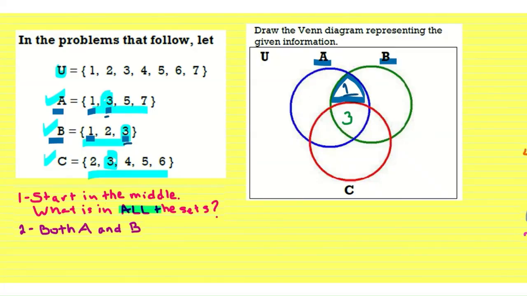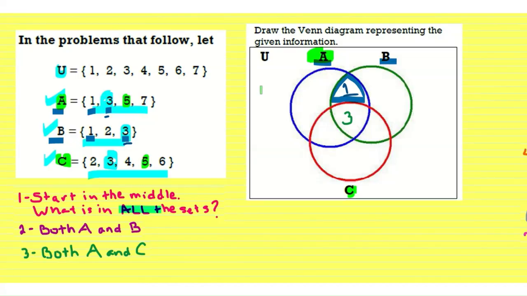Okay, so the third thing that we're going to do is say, what is in both A and C? So now I'm looking at A and C. What elements are in both set A and set C? 1 is not in both. 3 is, but 3 is already accounted for. 5 is actually in both of them. 4 is not in both A and C. 6 and 7, no, they're not in both.